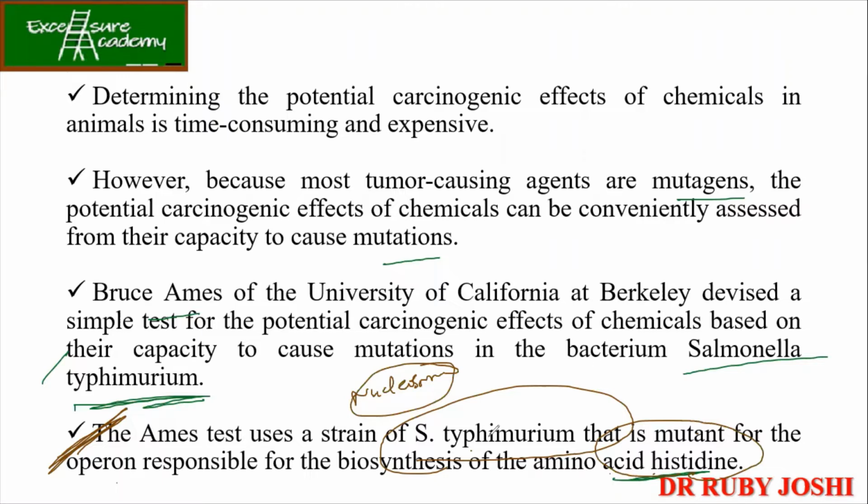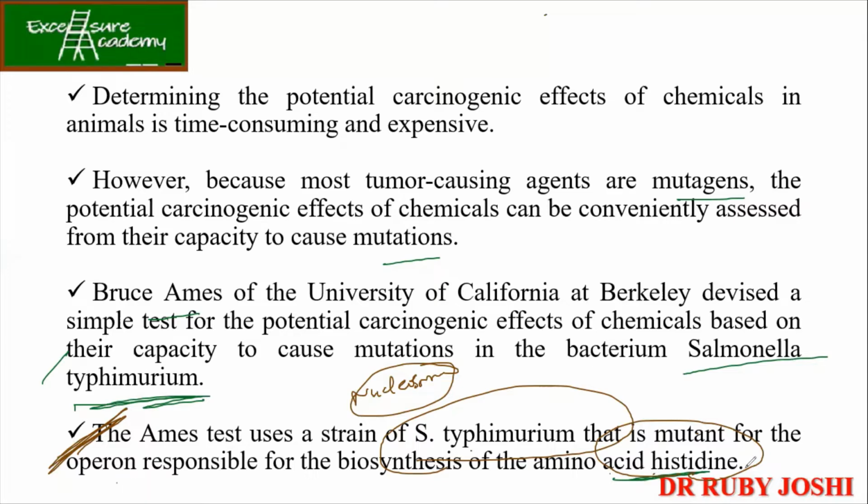Yes, so this is what is happening. If your mutant is able to synthesize histidine now, it means what? It has caused mutation in the operon, and now the operon can synthesize the amino acid histidine. What does it mean? Whatever chemical agent you have added has a potential to cause mutation. It means it can be carcinogenic or mutagenic in nature.